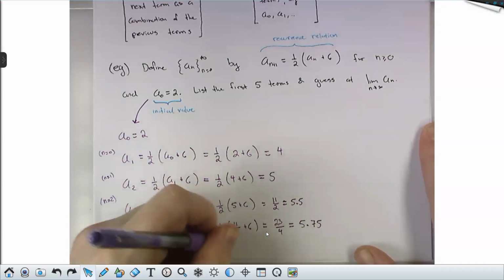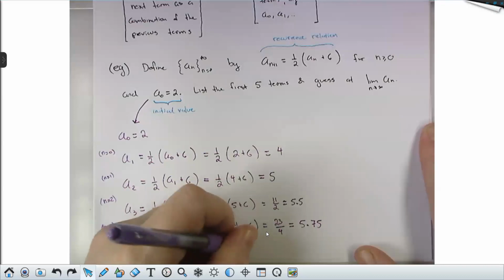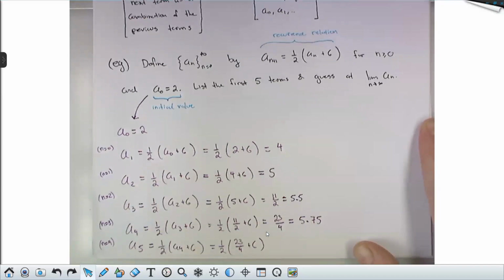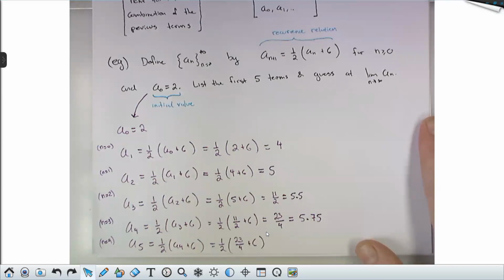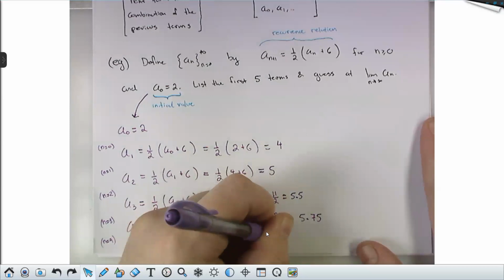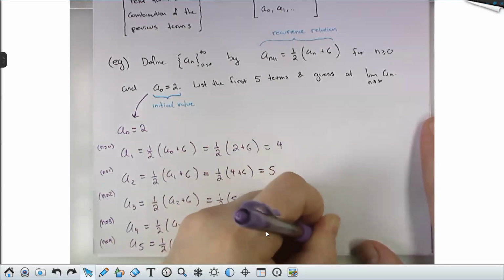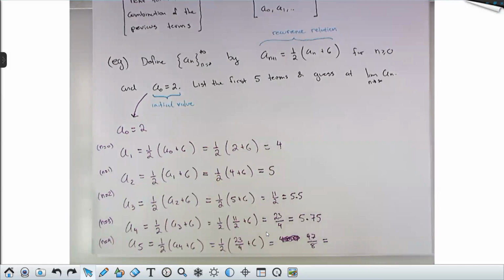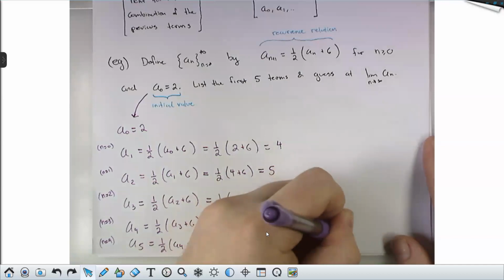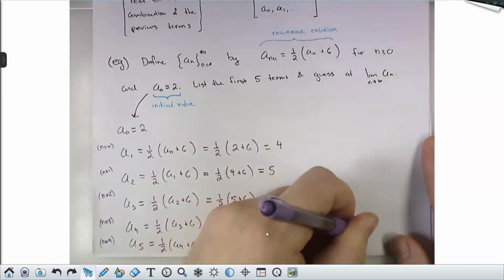So this is 1/2 times 23/4 plus 6. 6 as a ratio over 4 is 24/4 plus 23/4 is 47/4 times 1/2 is 47 over 8. And 1/8 is 0.875, right? So 7/8 is 0.875. So this is going to be 5.875.